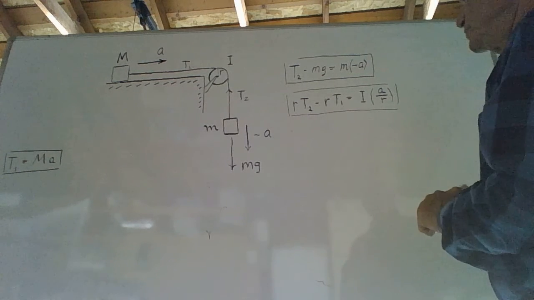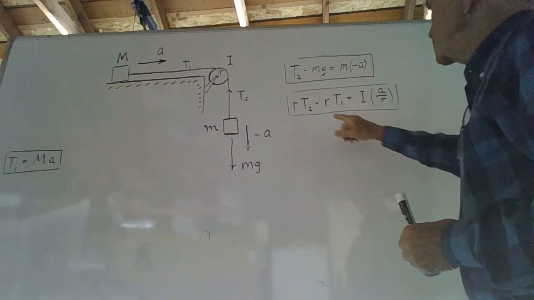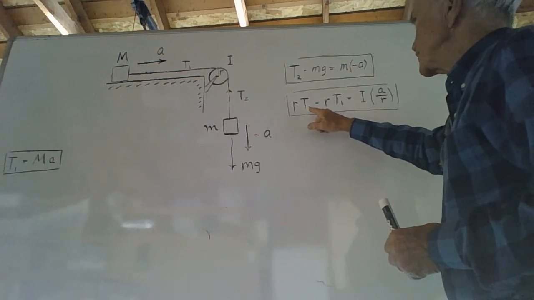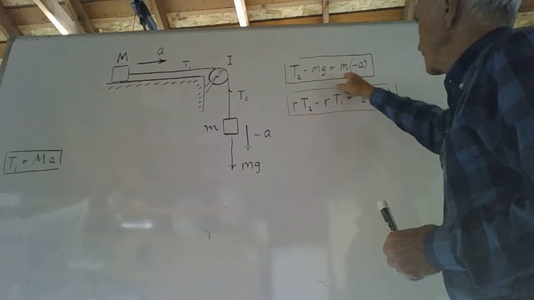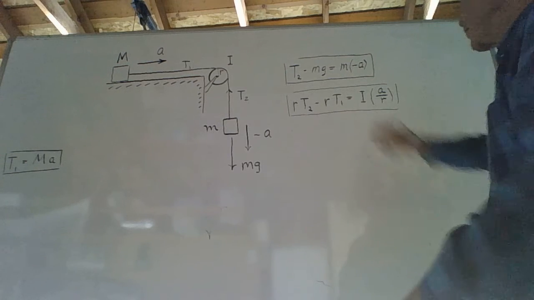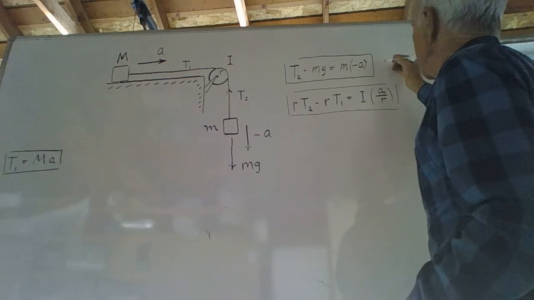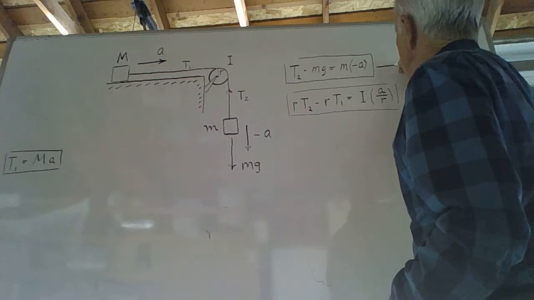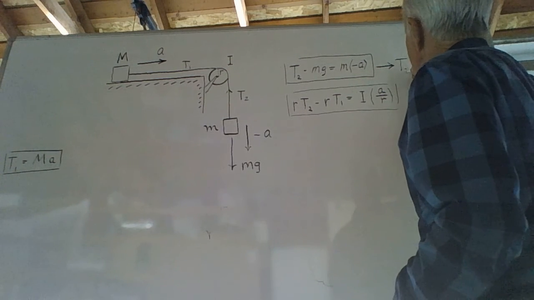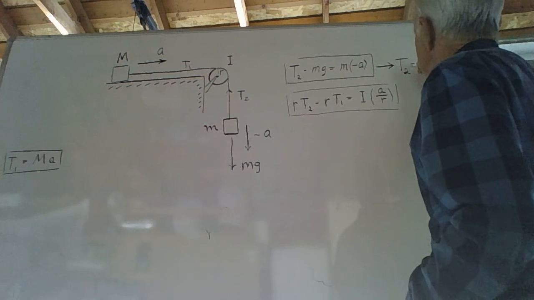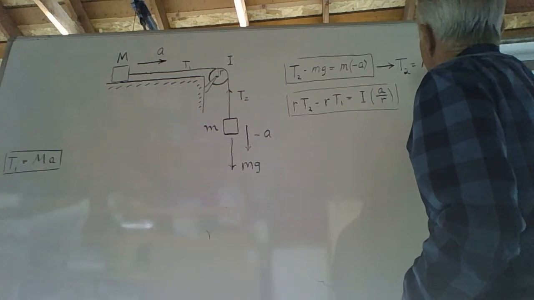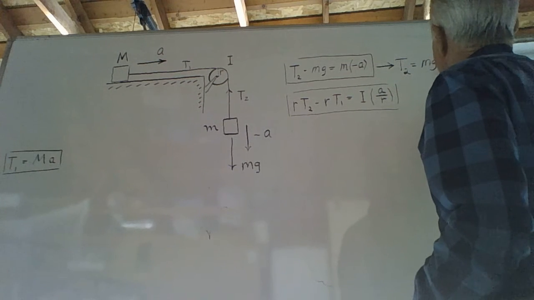What I will do is substitute into this third equation the two different expressions for T2 and T1. Let's first rewrite that equation for T2. We have that T2 equals mg minus ma.